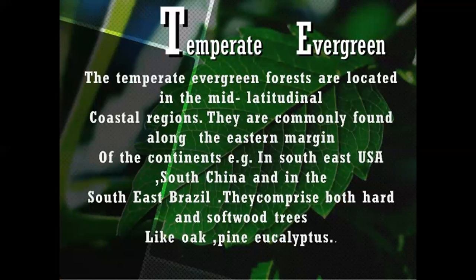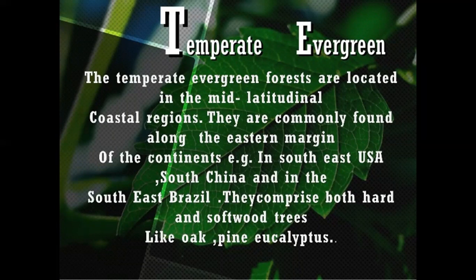Let's talk about temperate evergreen forest. Temperate evergreen forests are mostly found in the regions that experience warm summers and cool winters. They are common in coastal regions which have mild winters and heavy rainfall. So, we can say that the temperate evergreen forests are located in the mid-latitudinal coastal regions.